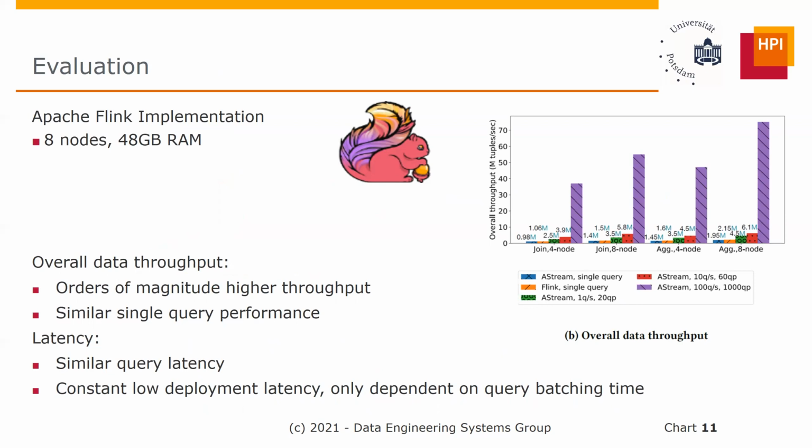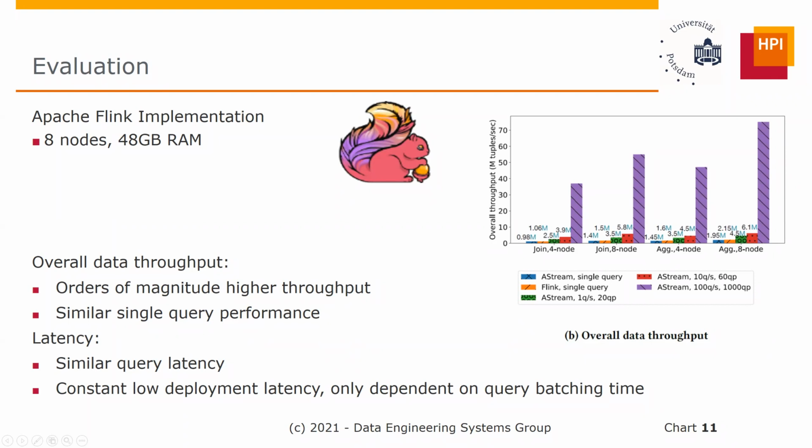So it basically has similar single node performance. Here you can see this is AStream. If Flink does 1 million records per second, AStream is like 0.98 million records per second. But then we can scale up to hundreds of queries at the same time, and then the total query throughput will be much, much higher.